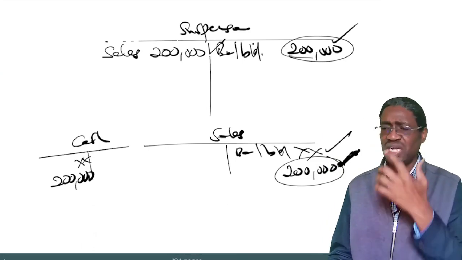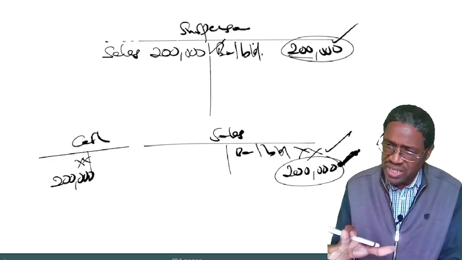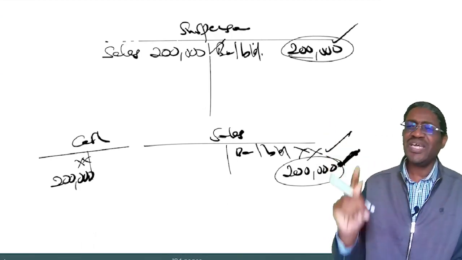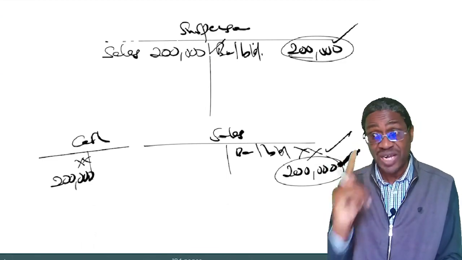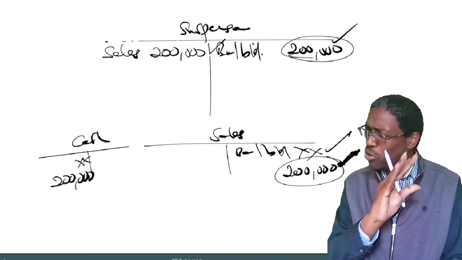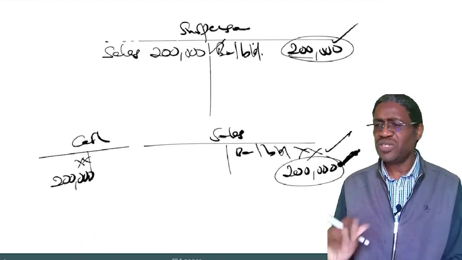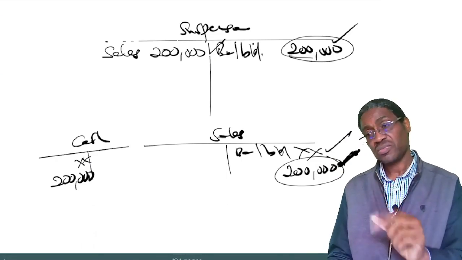But you committed an error. If one of the errors you committed affects an item that normally goes to the profit and loss, then automatically even the profit you got in the P&L account is also wrong.